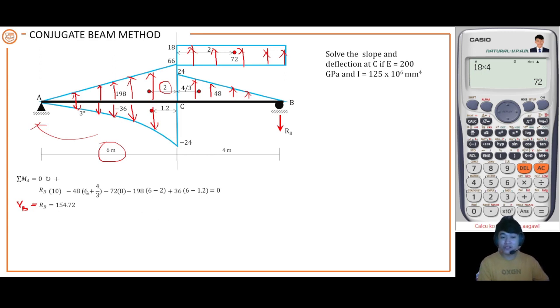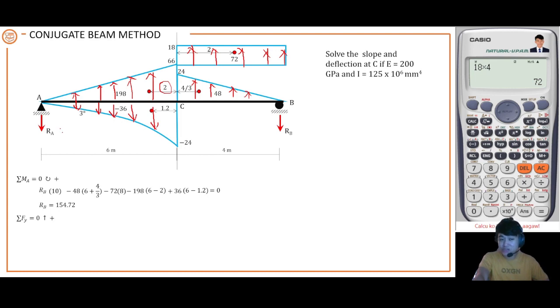However, this is not the question here. The question here is, what is the slope and moment at C of the real beam? So for the conjugate beam, we just have to identify the shear and moment at point C. Anyway, let's also solve the reaction at A by summing forces vertical.